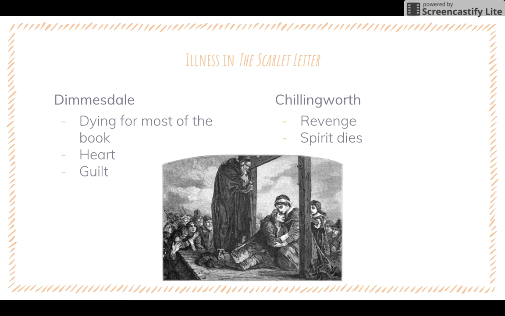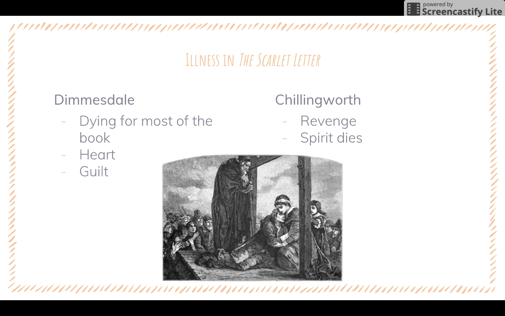It's a manifestation of his heartbreak, because he loves Hester but cannot be with her, and he can't live with what his heart really wants. And then just the guilt again that he was feeling over his dishonesty is really what kills him in the end.